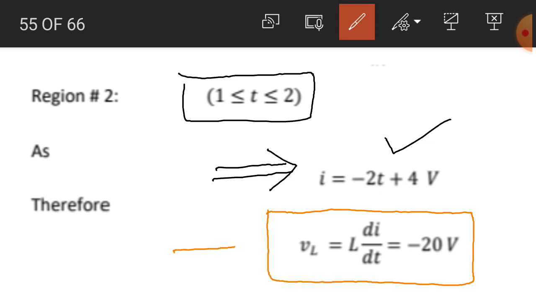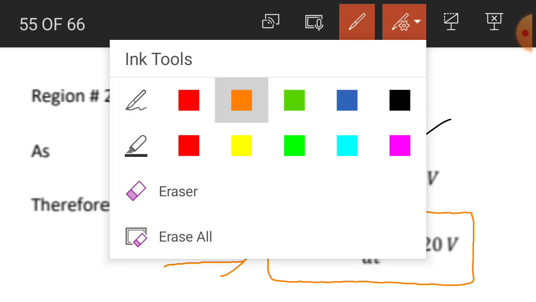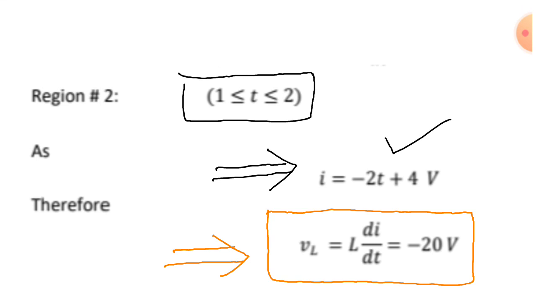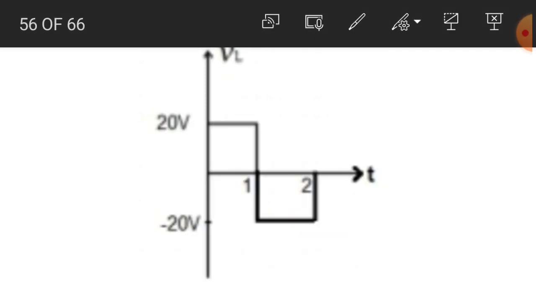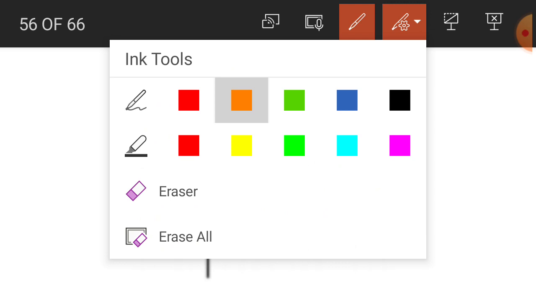If we calculate this voltage in region number 2, this voltage is constant, which is minus 20 volt. So the voltage in region number 2 is constant. So what we do, we sketch the voltage with respect to time. We take the time along the horizontal axis, the voltage across the inductor along vertical axis.